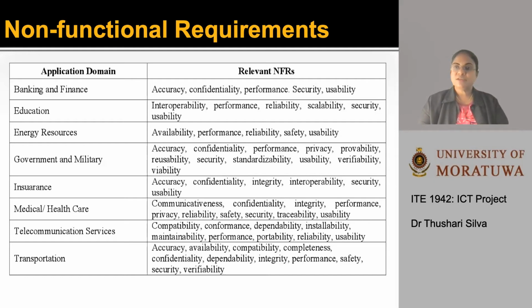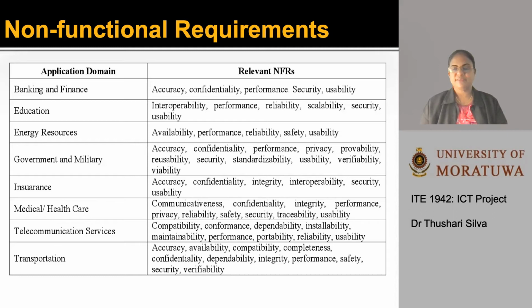And when we talked about the insurance domain, we do have to think about the accuracy, and how confidential they are: medical insurance, health insurance, vehicle insurance. People normally do not have this sort of general information.